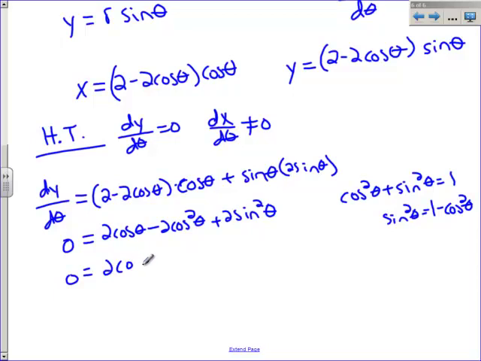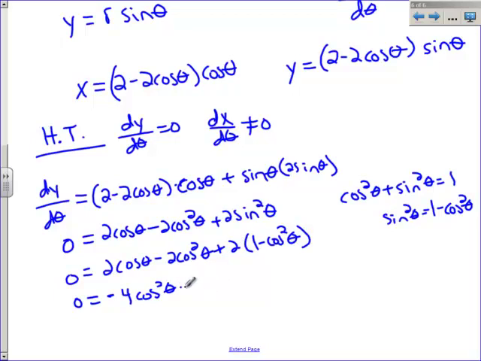So I've got 0 equals 2 cosine theta minus 2 cosine squared theta plus 2 times 1 minus cosine squared theta. See that substitution I made there? And I'm going to have a quadratic in terms of cosine squared. This is going to be negative 4 cosine squared theta, because I distributed that 2, plus 2 cosine theta plus 2.